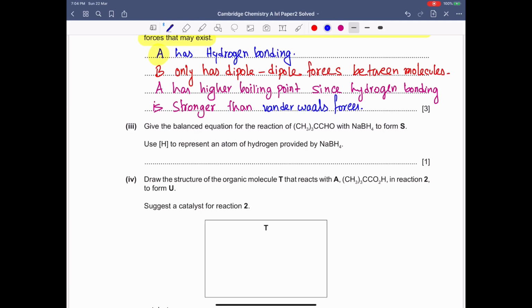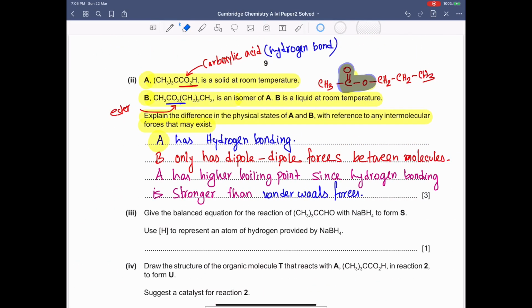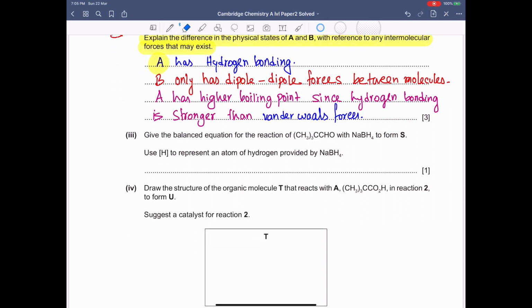Give the balanced equation for the reaction of CH3CHO with NaBH4 to form S. Use [H] to represent a hydrogen provided by NaBH4. Okay, so there is an aldehyde. CHO means an aldehyde. Whenever there is an aldehyde, if we reduce it, it's going to turn into a primary alcohol.